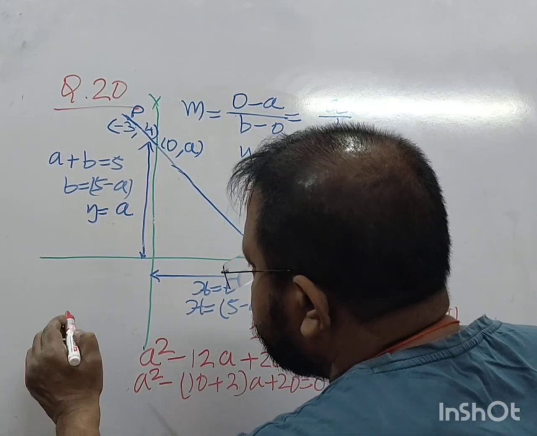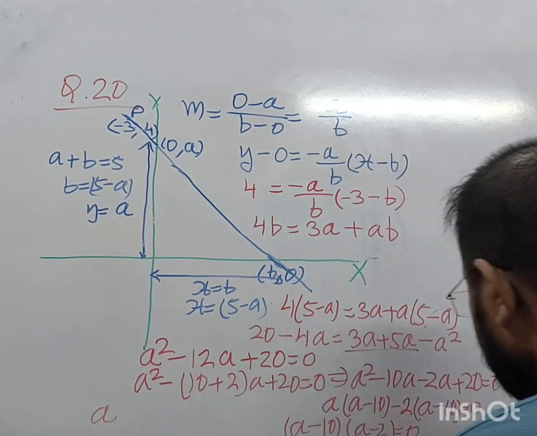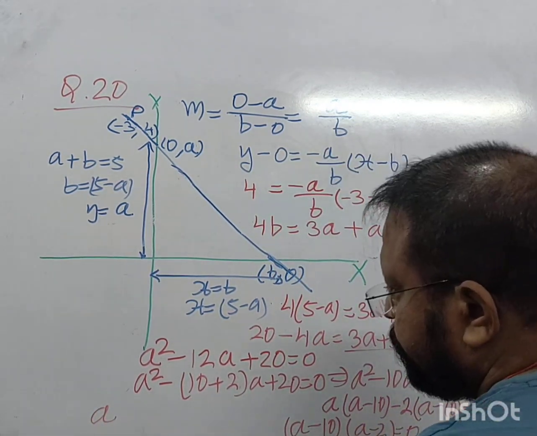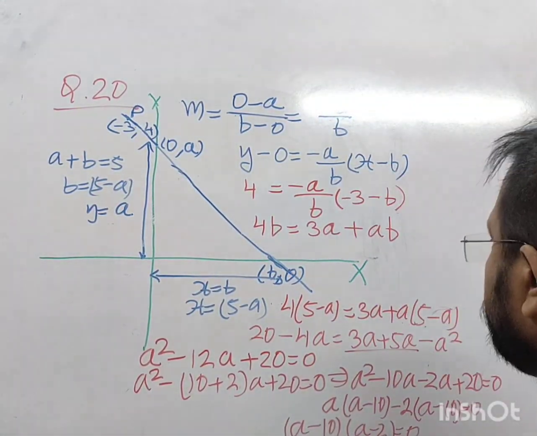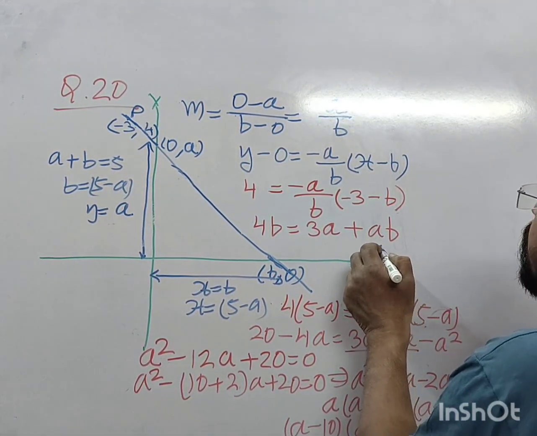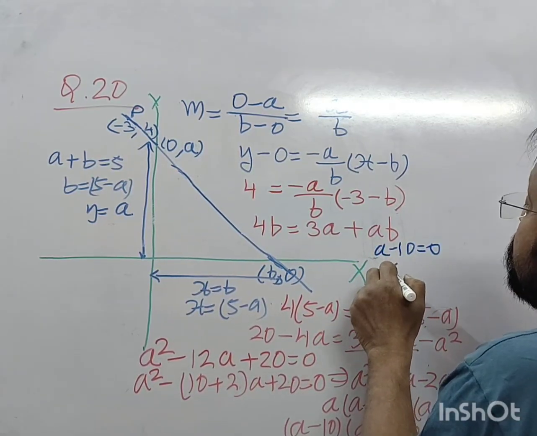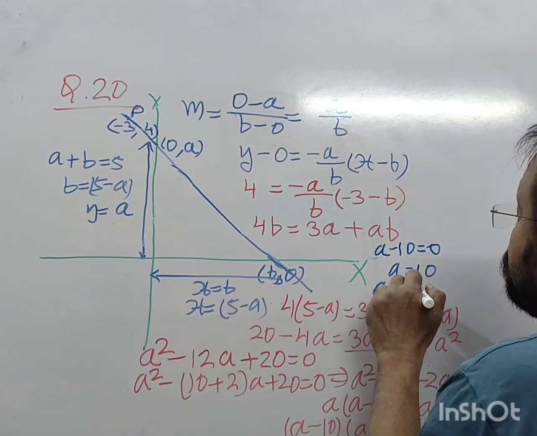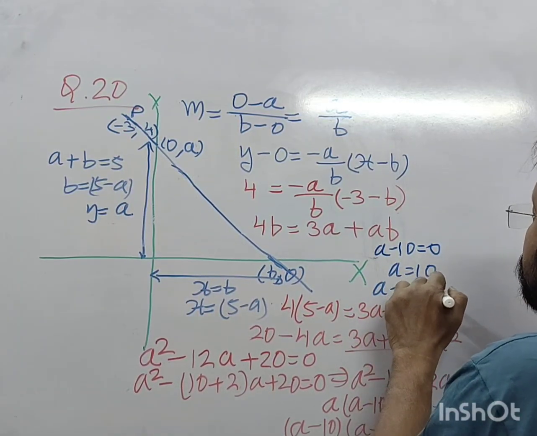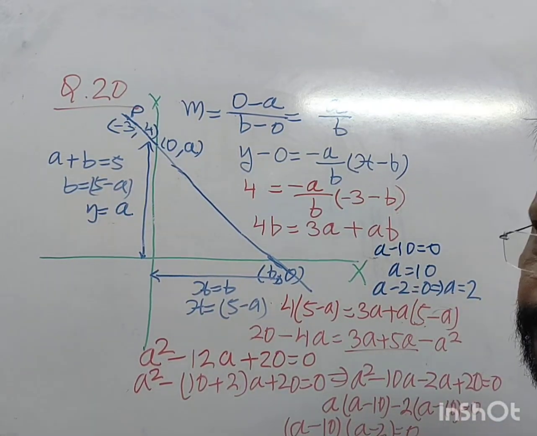So we can write a minus 10 is equal to 0. So a is equal to 10, or a minus 2 is equal to 0. So a is equal to 2. Right?